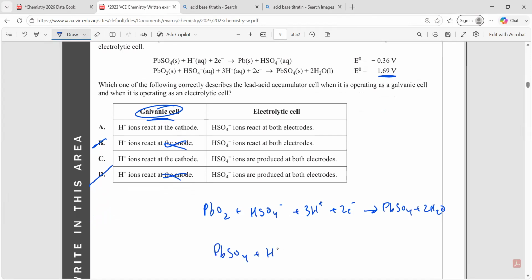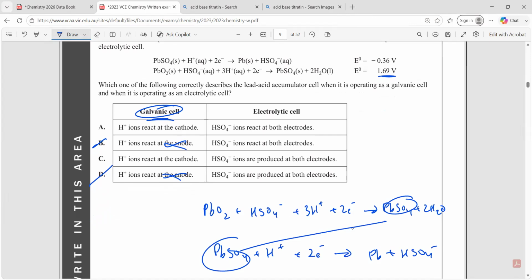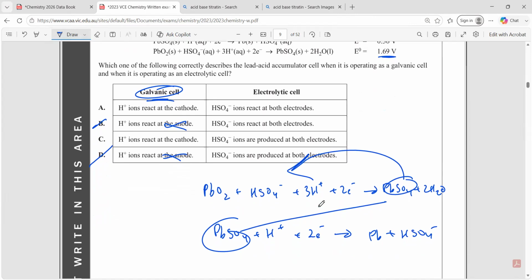Okay, so I'm just gonna draw them as they would appear on the electrochemical series. So that's what's happening. In an electrolytic cell, these two reactants would probably be reacting, and then that would be going this way, and that would be going this way. So most likely, as you guys can see here, PbSO4 is producing HSO4 minus, and then PbSO4 is also producing HSO4 minus. So HSO4 minus ions are produced at both electrodes.